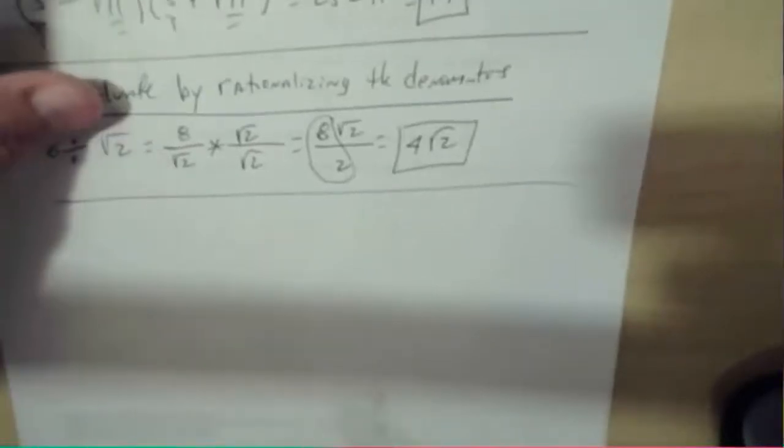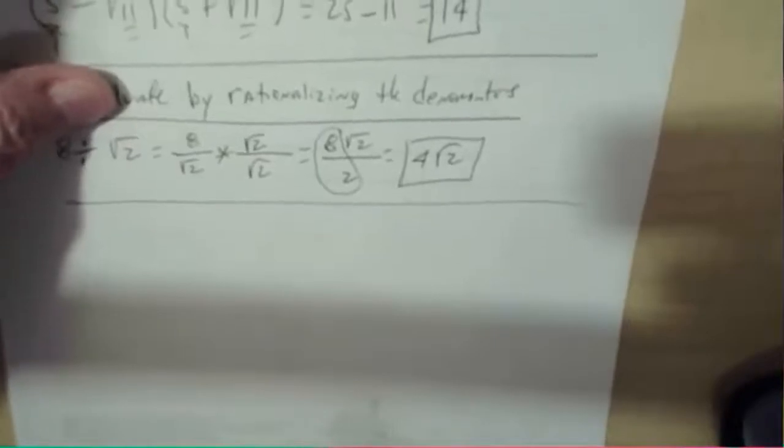Okay. Now the next one's a little bit more involved, but really not any more difficult. This is number 16. Oh yeah, I knew that. If we have 11 divided by 5 minus the square root of 7.